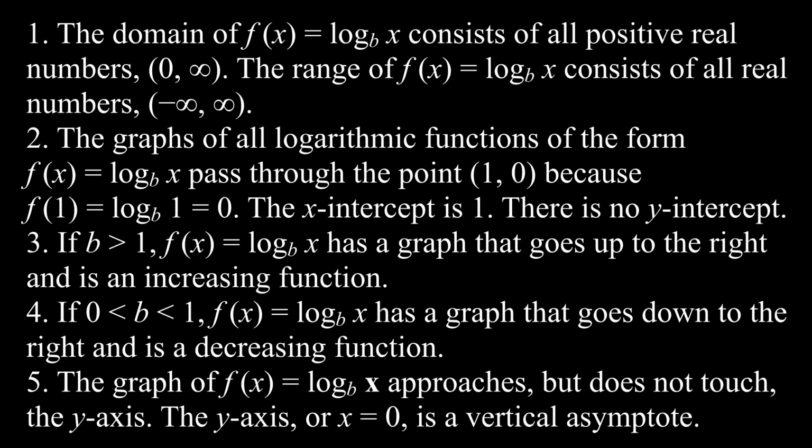If b is between 0 and 1, then log base b of x will go down to the right and be decreasing. And we have that there is a vertical asymptote along the axis x equals 0, that is the y-axis, because our function is going to be trying to touch that but never quite reach it.